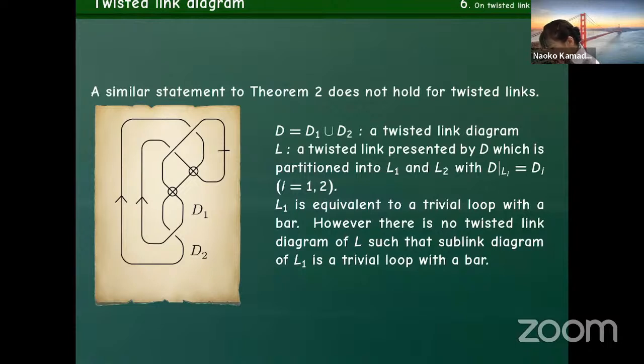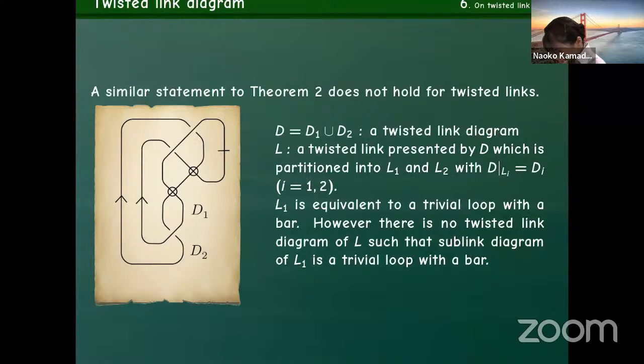Let L be a twisted link presented by D, which is partitioned into L1 and L2, where D1 is the restriction of D to L1.